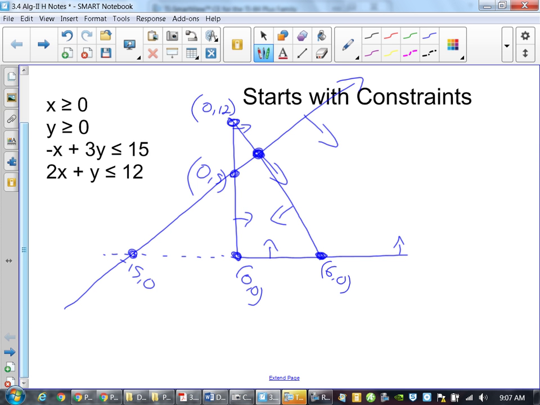So to find that intersection point, we can do a couple of different things here. I can do linear combinations, I can do whatever. Since I have a negative x and a positive 2x, I'll take that top equation and multiply it by 2. That way I can figure out the actual intersection point of those two lines.